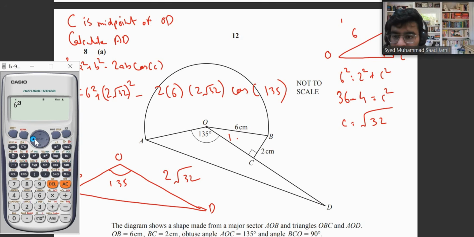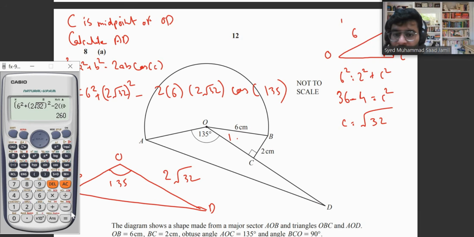6 square plus 2 under root 32, this whole thing is square, so let me put this whole thing in square too. Whole square minus 2 multiplied by 6 multiplied by 2 under root 32 cos 135.